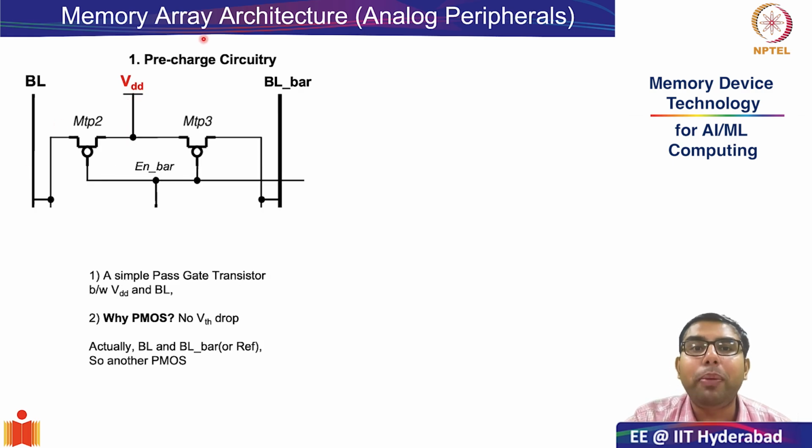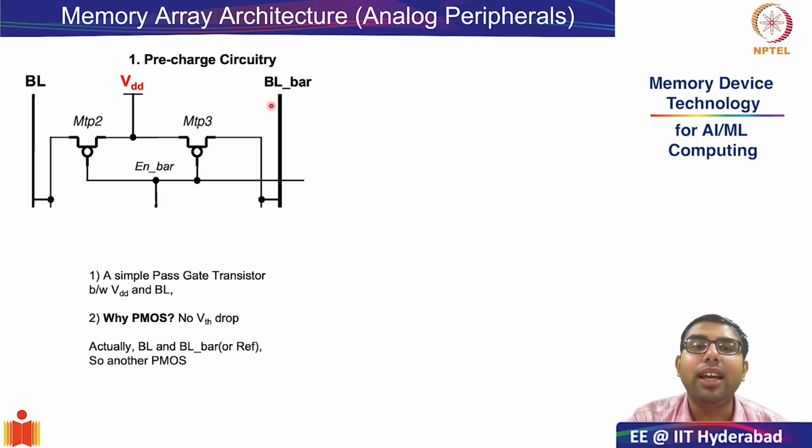However, the actual pre-charge circuitry is slightly more complicated. This is because for a lot of memory devices, especially SRAMs, you would not only have one bit line, you would have a second bit line called bit line bar. What is the need for this, especially during the read and write portions of SRAM, is something that we will discuss very soon.